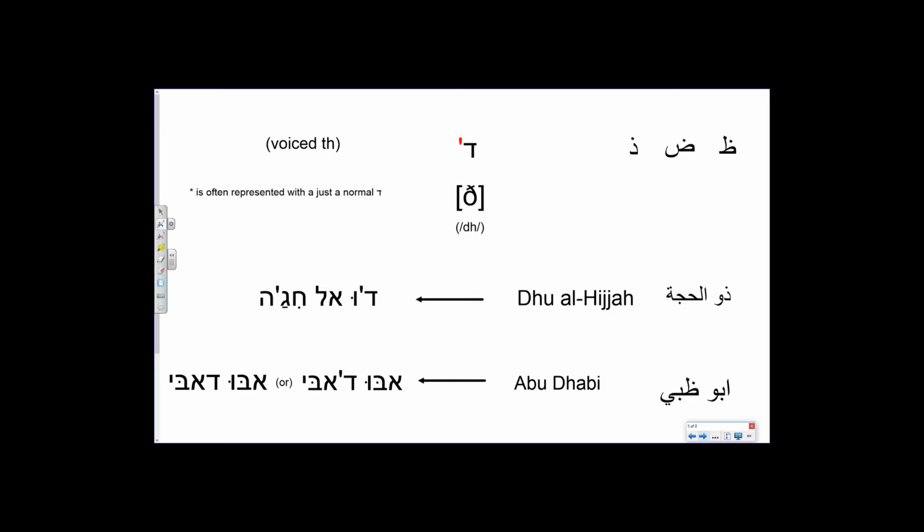Like the city Abu Dhabi, it's spelled with the Chupchik, or as most modern Hebrew speakers would write it, without the Chupchik.